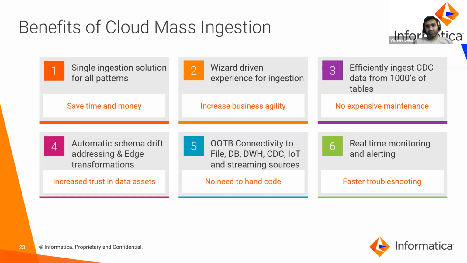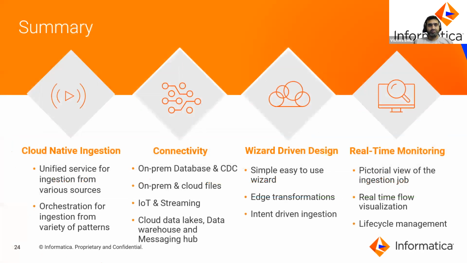It automatically addresses schema drift and also provides edge transformations, and out-of-the-box connectivity to a variety of sources, whether file, database, CDC, IoT, or streaming. It offers real-time monitoring and alerting capabilities so that you can troubleshoot any issues much faster. In summary, mass ingestion provides cloud native ingestion capabilities, out-of-the-box connectivity, a wizard-driven design experience, and real-time monitoring.